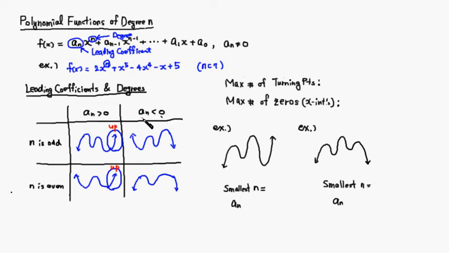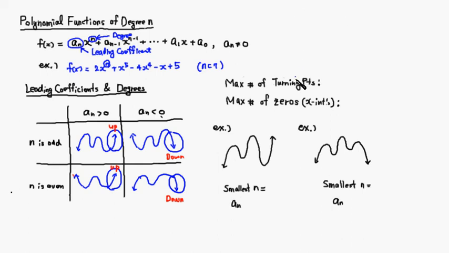If the leading coefficient is negative, it's going to point down, and point down on the left end too. So if n is odd, it's the opposite direction, and if n is even, it's the same direction.